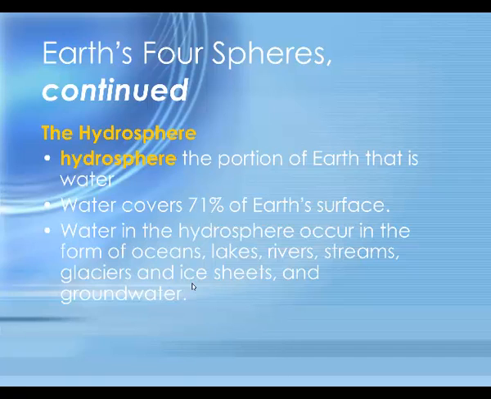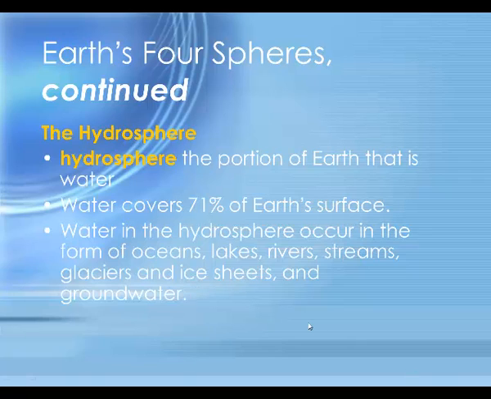So in the past, we've talked a great deal about different forms of water and where it's found on our planet. The hydrosphere is that area that is water. Anything that is made up of water or has water that is held in it is considered part of the hydrosphere.